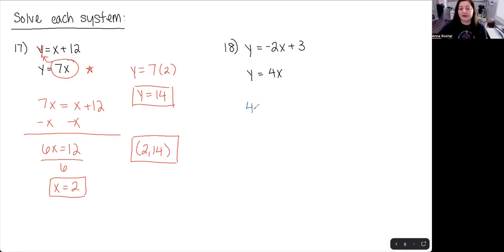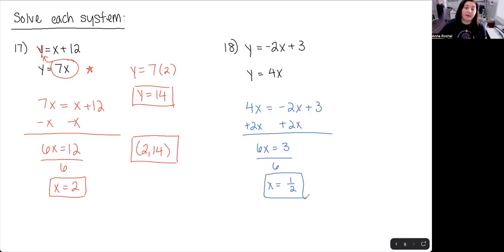Same thing here. I'm going to go 4x equals -2x plus 3. I'm going to add 2x to both sides. 6x equals 3, divide by 6, x equals 1/2. Oh, so gross. I love fractions.